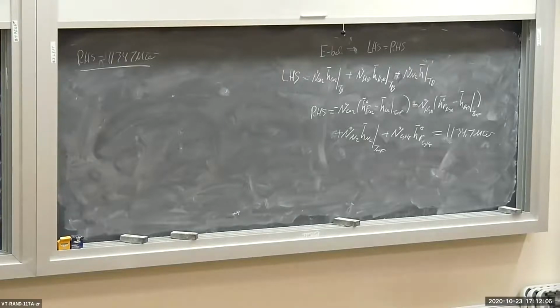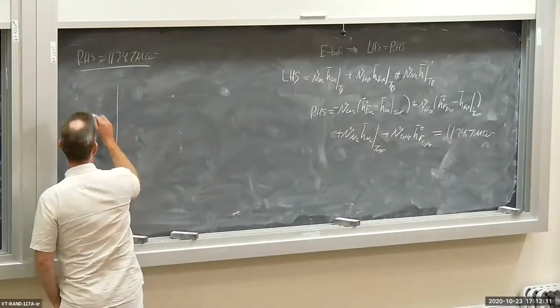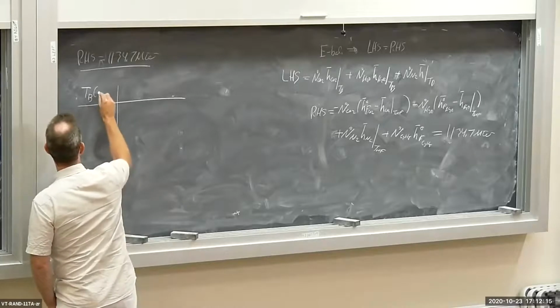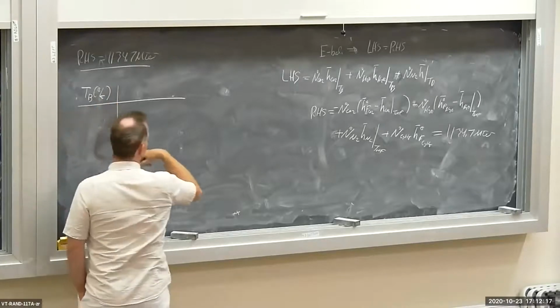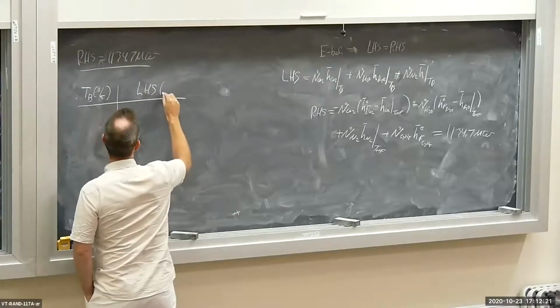All right, so let's make a little table. I'm going to have the temperature at the outlet here in Kelvin, and the value of the left-hand side, which is going to be in megawatts.